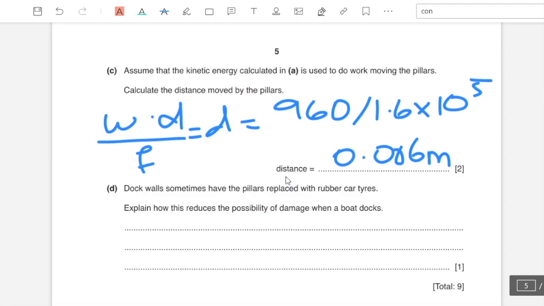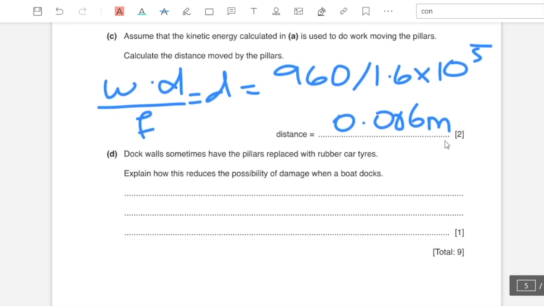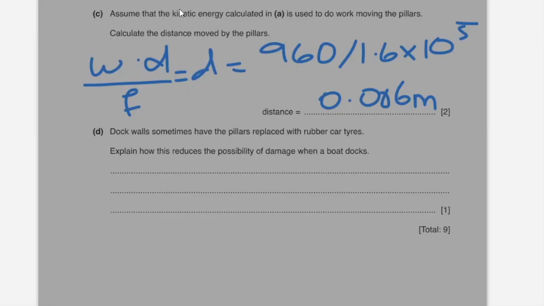D. The dock walls sometimes have the pillars replaced with rubber tires. Explain how this reduces the possibility of damage when a boat docks. Alright, so we have the formula of force as mv minus mu by t, right?